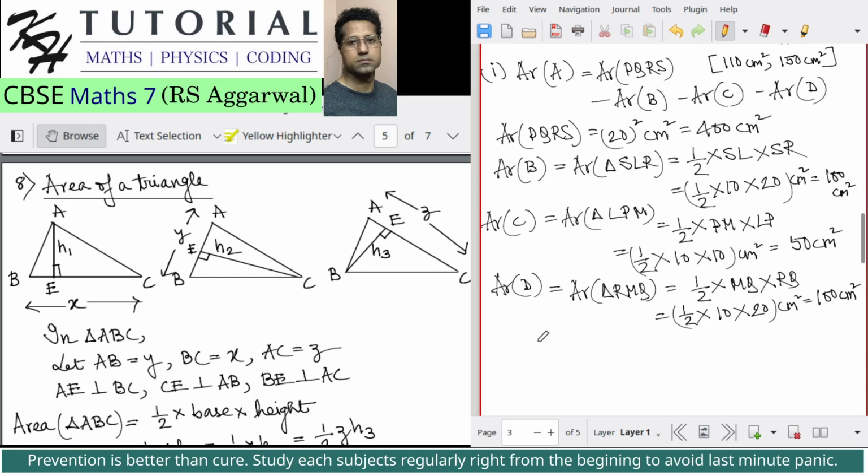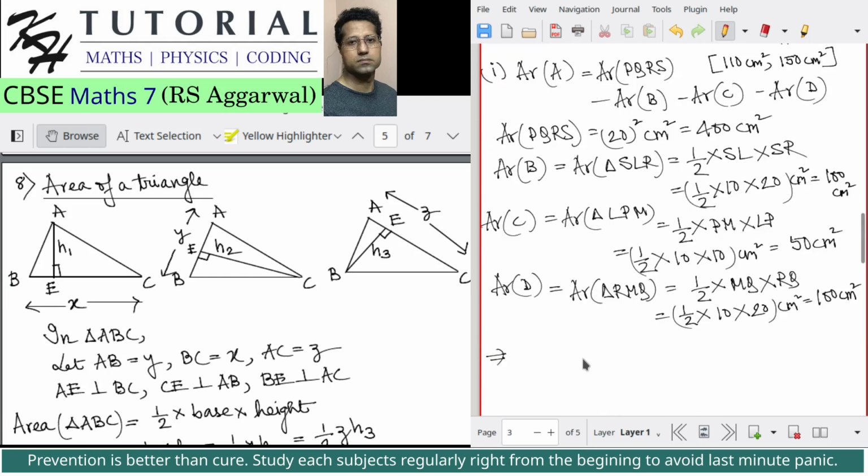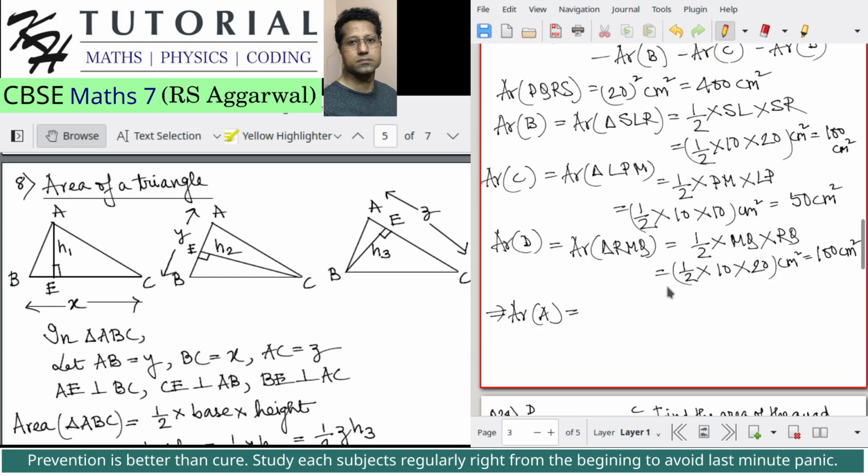So this implies now the area of the shaded region, which is A, is equal to the area of the square, 400 centimeter square, minus area of B, which is 100, minus area of C, which is 50, and area of D, which is 100.